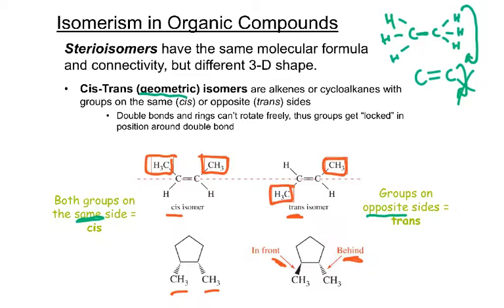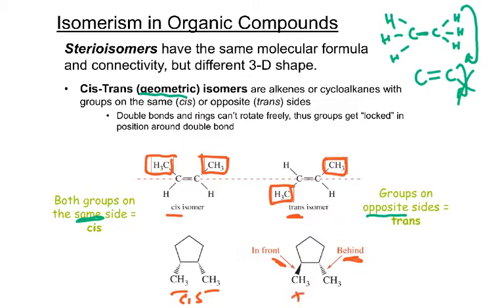The important thing to note here is that if one is solid and one is dashed, they're going in opposite directions. But if they're both solid or both dashed, they're in the same direction or on the same side. So in this case, they're both dashed, so these are going in the same direction on the same side of the ring, so they're cis.